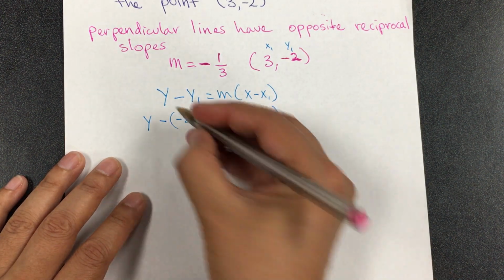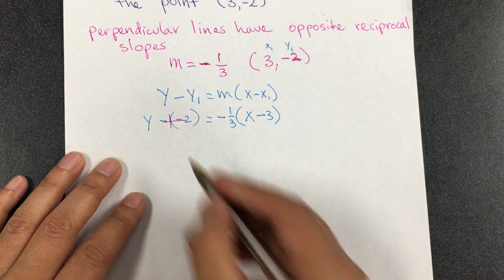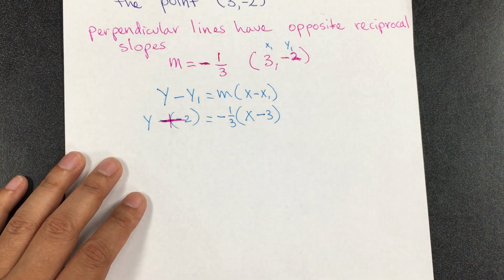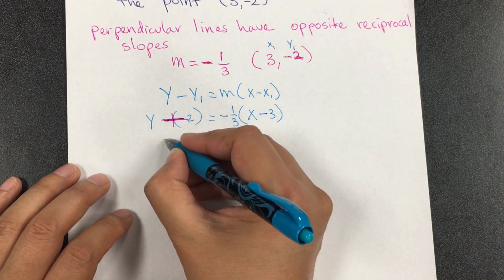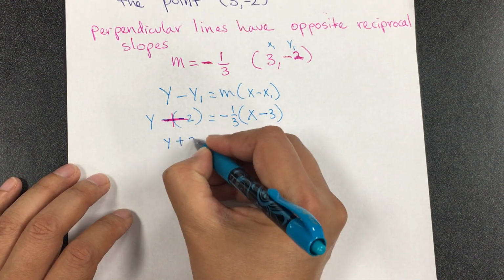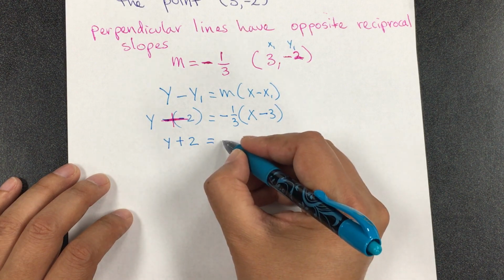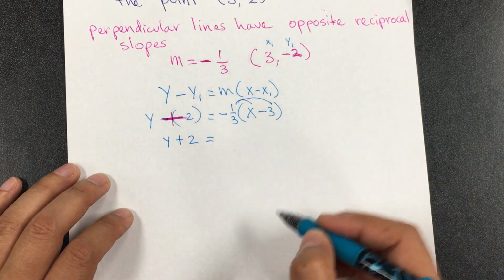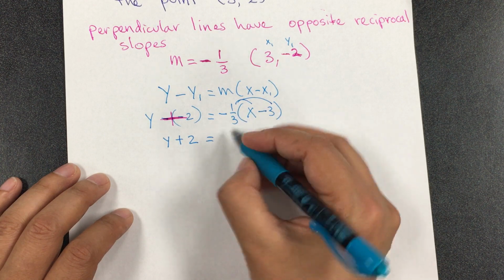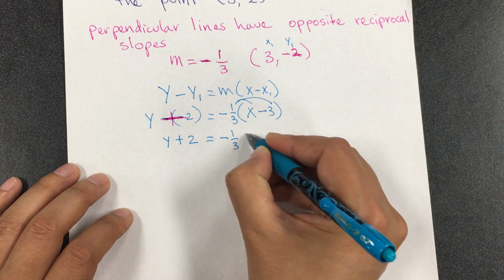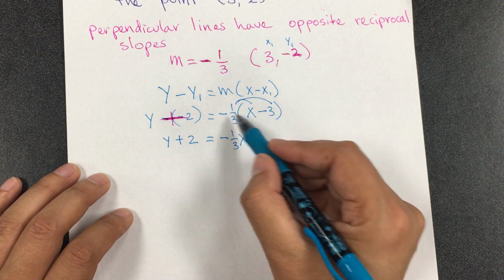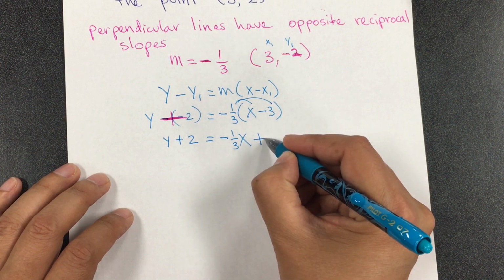This becomes the big plus, and it makes the two minuses disappear. So it's y plus 2 equals, we do the distributive property at the same time, so -1/3 times x, -1/3 x. Negative times negative is positive.